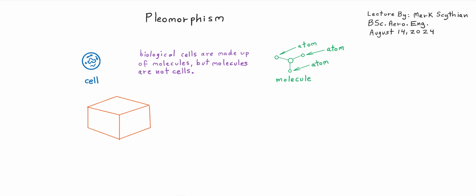And organic molecules are also, or at least may not be, cells. So we're focusing on the DNA molecule itself being organic, but then again not a cell, while also consisting of molecules.